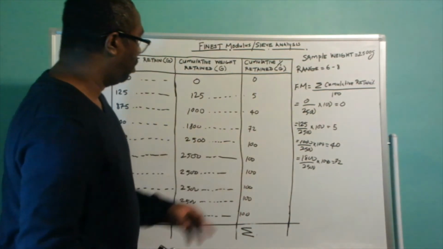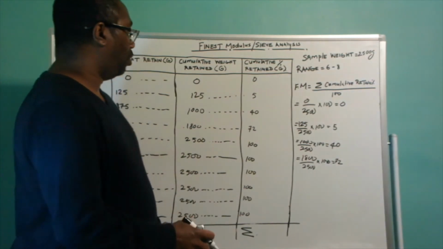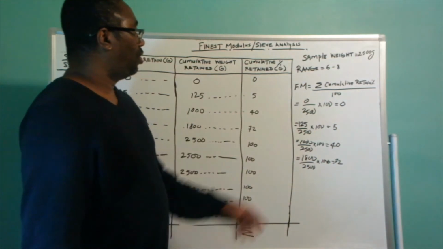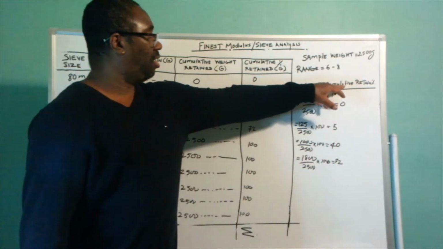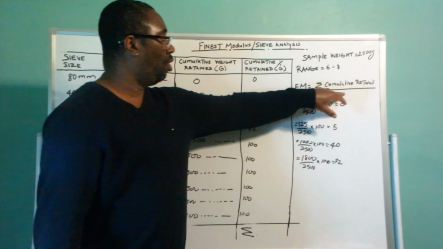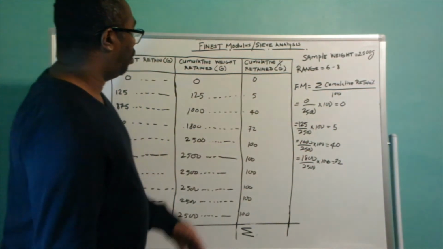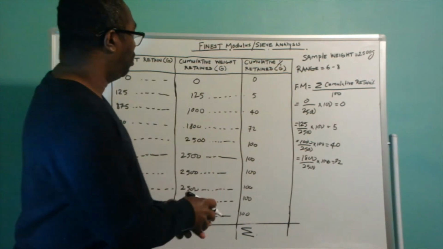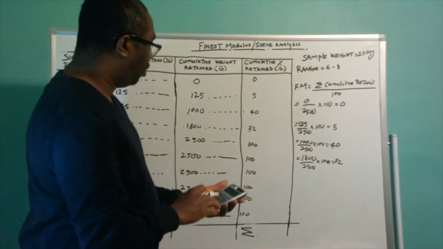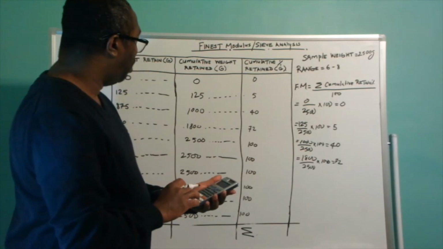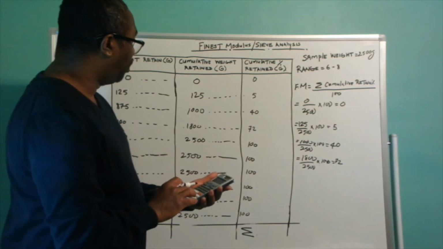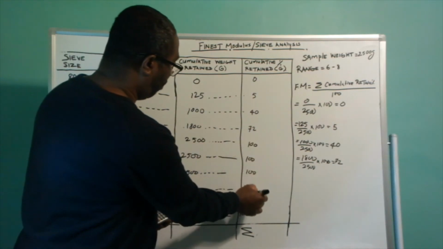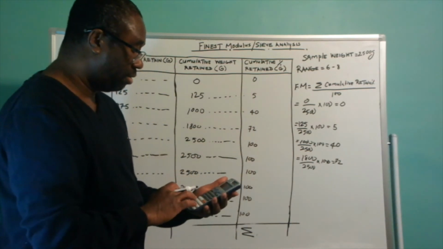100, right? So to calculate our fineness modulus, it is a summation of cumulative percentage retained over 100. So if we should total this column, the cumulative percentage retained, we're going to total all these figures. So we have 5 plus 40 plus 72 plus 1, 2, 3, 4, 5, 6, so that's 600.